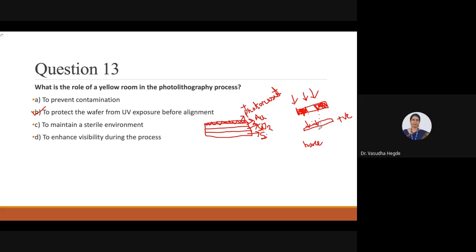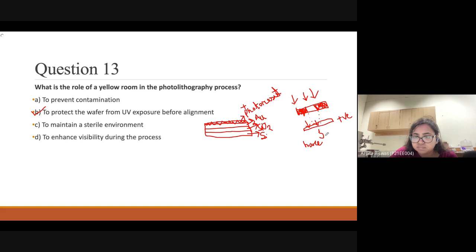This one is soft, and again the third part will harden. So for positive photoresist, the exposed middle portion becomes soft. What happens in that case? If you go for the development process, this portion will etch out. Now tell me which portion will remain. In the next figure, you will get this type of structure.